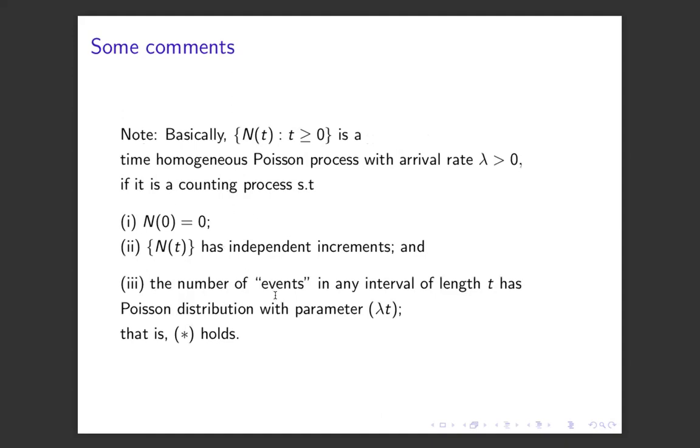The counting process such that N0 equal to 0 is just N1 and N2. This is N3, independent increments. And this is the same thing as N4, N5, N6.